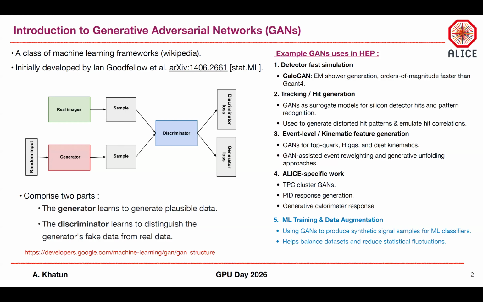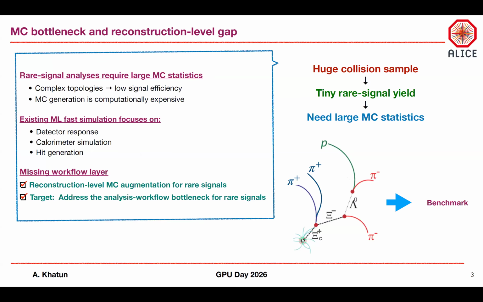In ALICE, we also use it for TPC clusterization, particle identification, and some calorimeter responses. Our case is the fifth part: machine learning training, using more data for machine learning classifiers and balanced data sets to reduce statistical fluctuation.